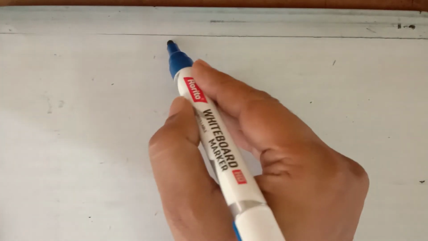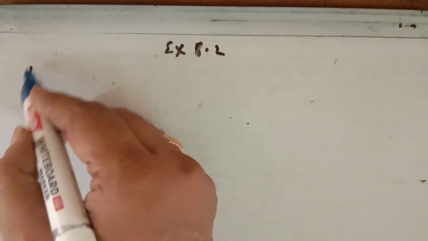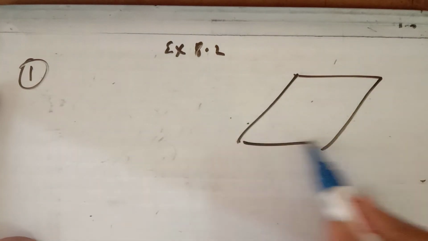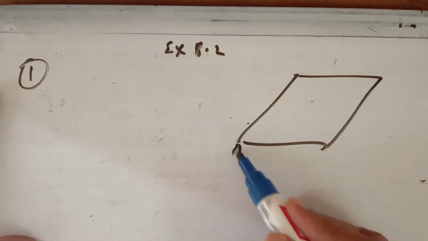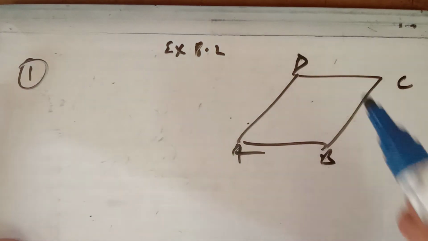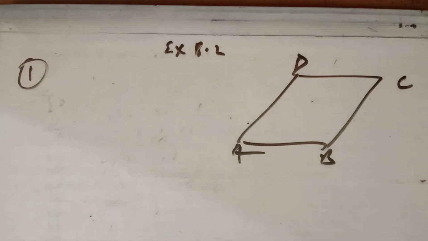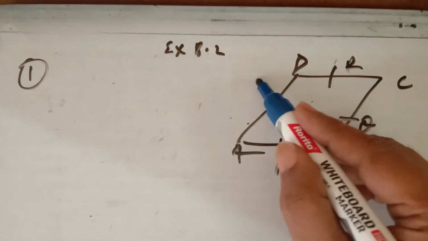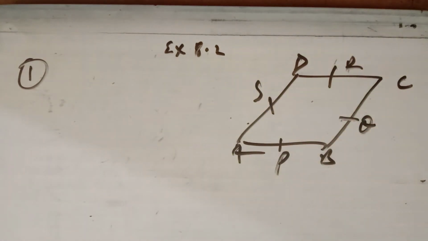Now in exercise 8.2, question number 1 is an easy question, and this base will be used in the remaining questions of this exercise. Now what is given in question number 1? It is given that ABCD is a quadrilateral in which P, Q, R, S are the midpoints of AB, BC, CD and AD.